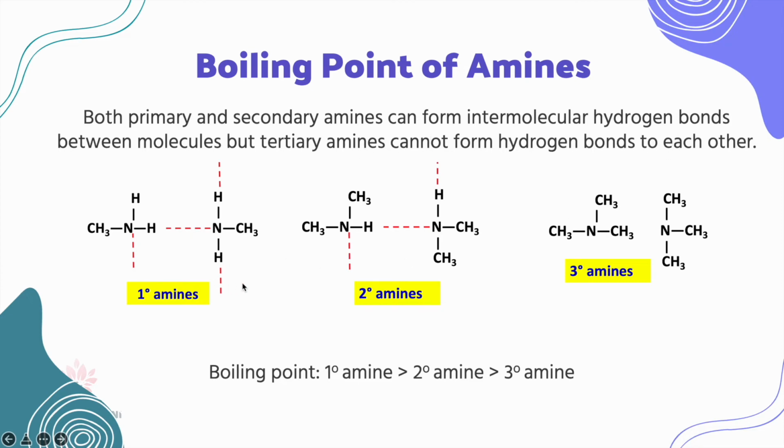This makes the boiling point of primary amine the highest because it has more hydrogen. Primary amine is the highest, followed by secondary amine, and the lowest boiling point is tertiary amine, because tertiary amines cannot form hydrogen bonds with each other.